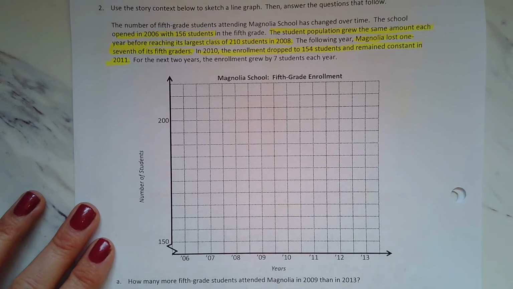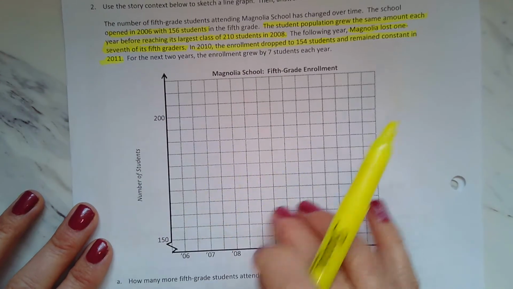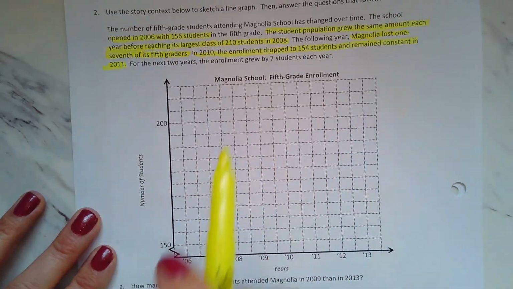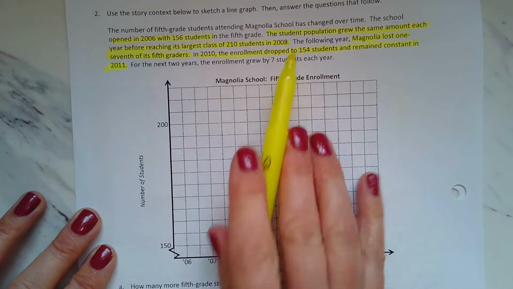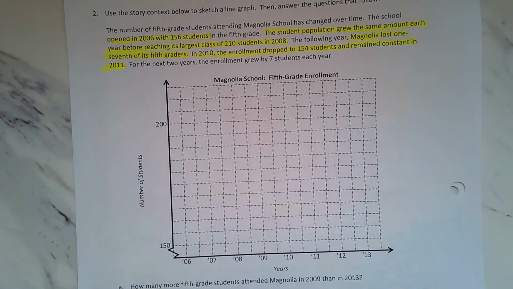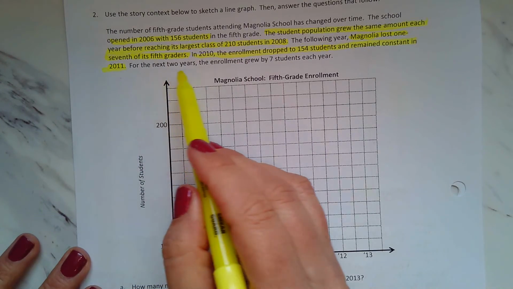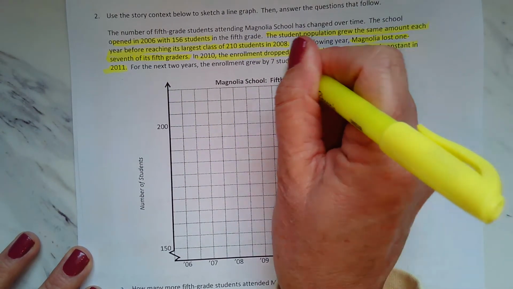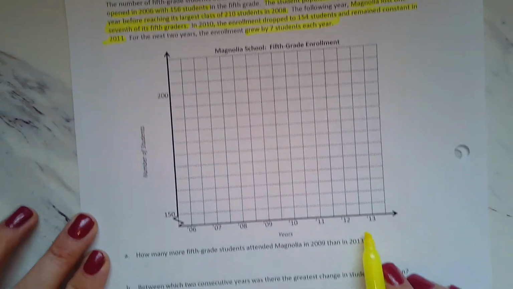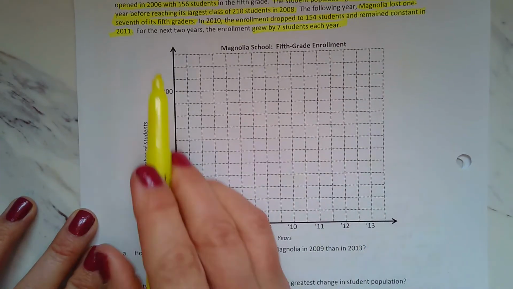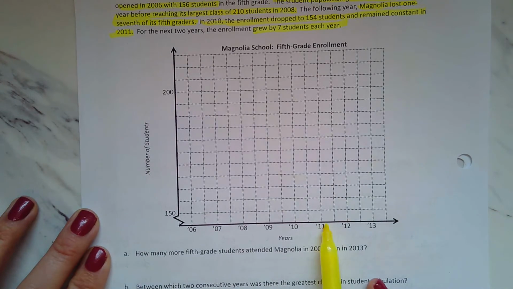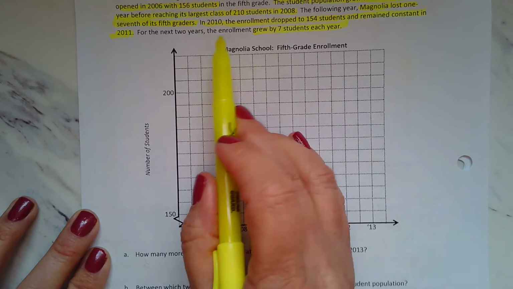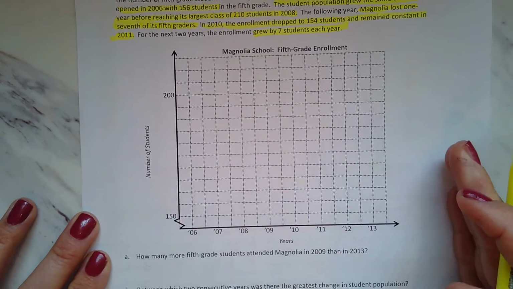Finally, part 5. So you're plotting points in 5 different increments. For the next 2 years, the enrollment grew by 7 students each year. So from 2011 to 2013, that's what you're going to be plotting.